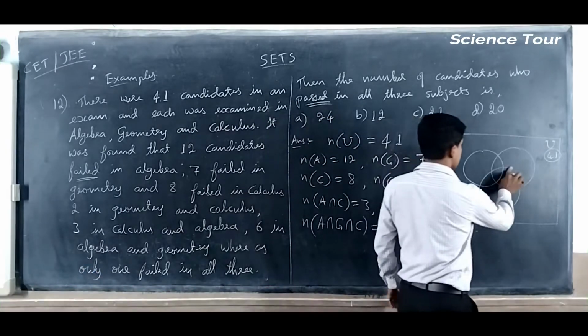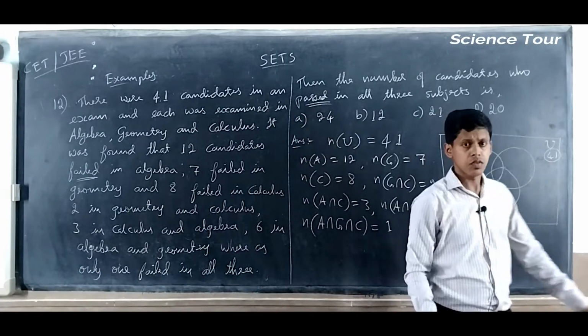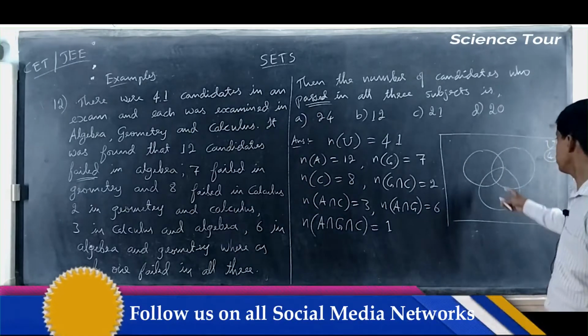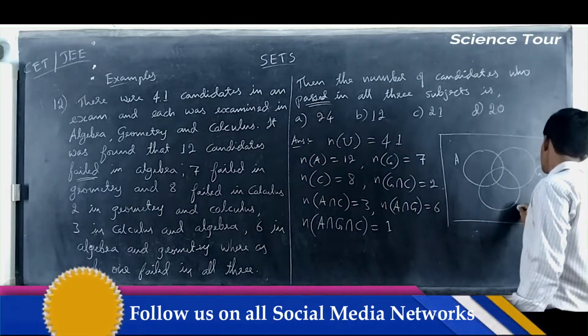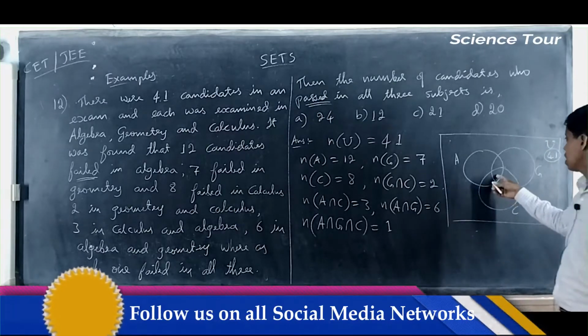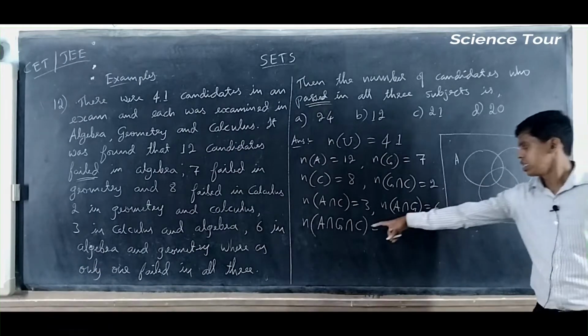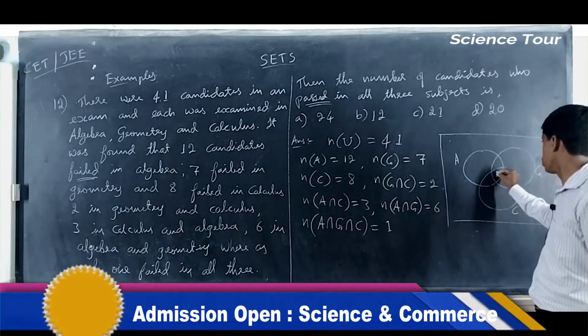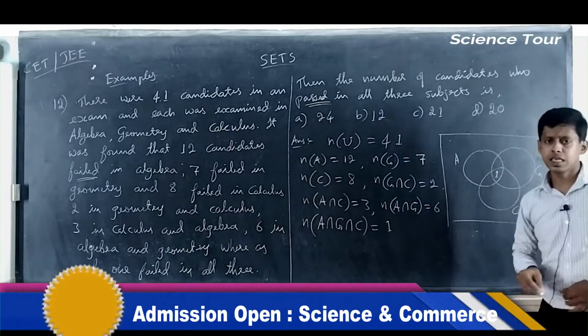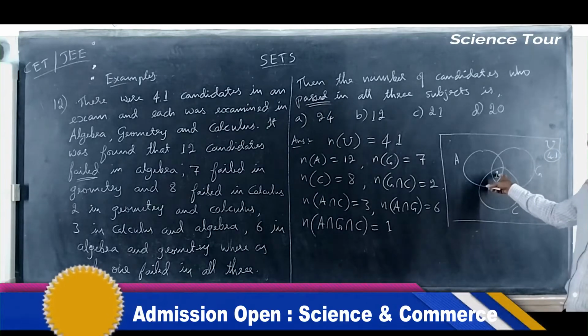Now if you are going with the Venn diagram, start with the intersection of all the 3. You have algebra, geometry and calculus. How many are there in the intersection of all the 3, those who failed in all the 3? Only 1, so mark this region as 1.